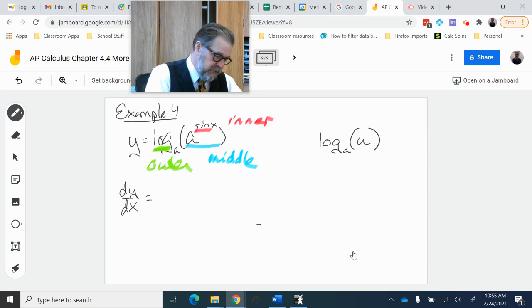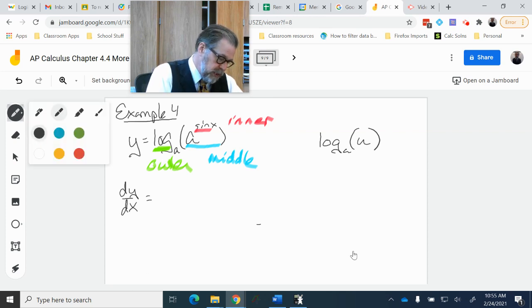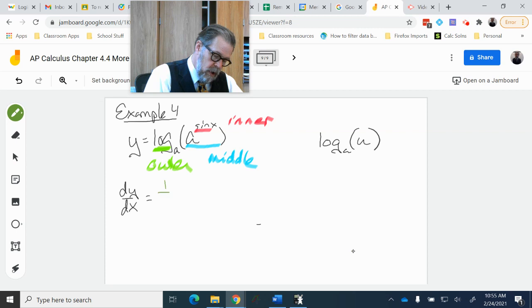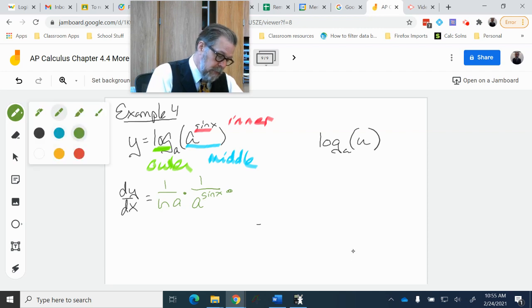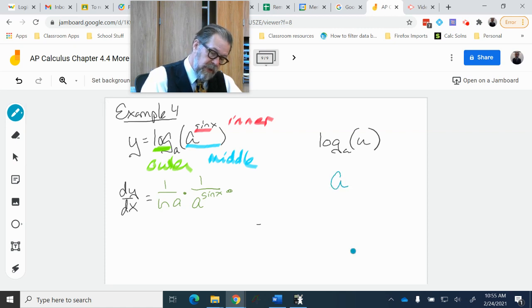So the derivative of that, of course, is, and I'll switch to green, 1 over natural log of a times 1 over u. Times, all right, off to the middle. The derivative of a to the something is natural log of a times a to the something.